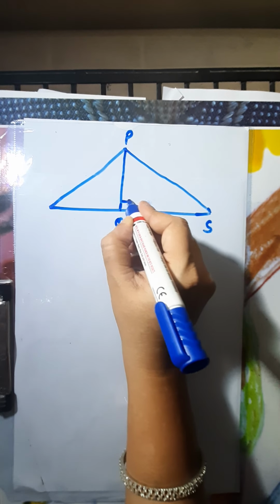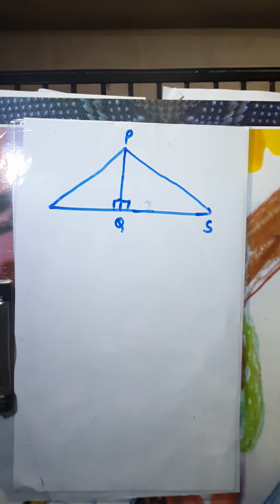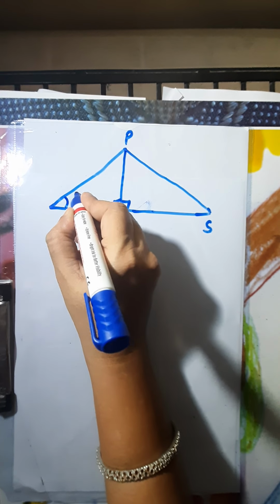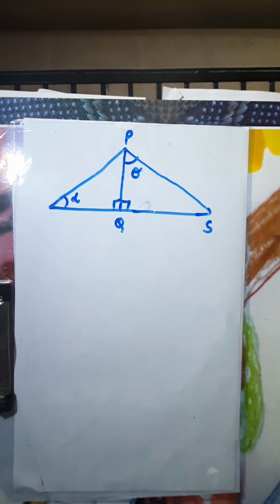This is my triangle P, Q and S. This is 90 degrees. PQS, this is 90 degrees. This side is also 90 degrees. Now, this angle here is alpha and this angle here is theta. When you see this alpha and theta, you get hypertension. But there's nothing to worry about.